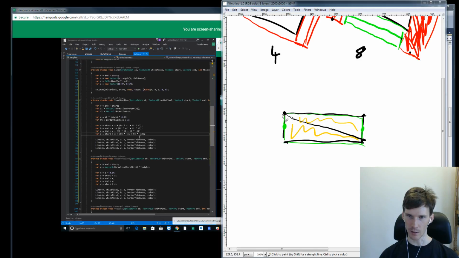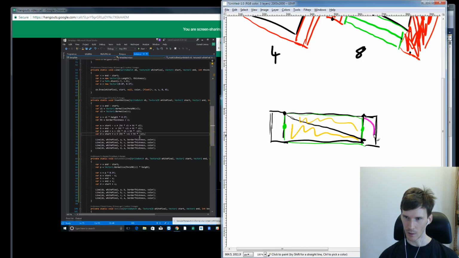If we wanted to round it, we'd have to stick 2 extra things on there and a texture or a shader that would be like a semicircle. When we go to draw that, we'll have a triangle here and a triangle here, more or less. So we need that point there, and that point there, and that point there, and that point there.